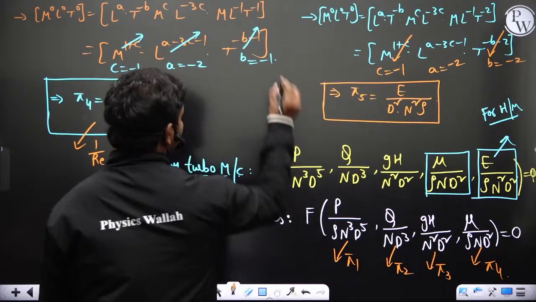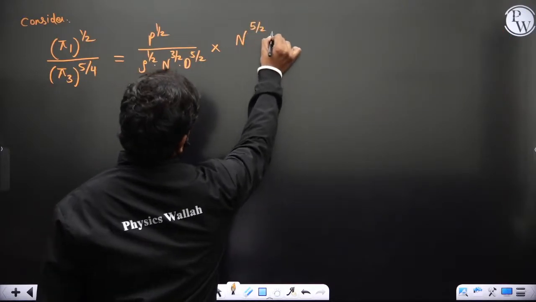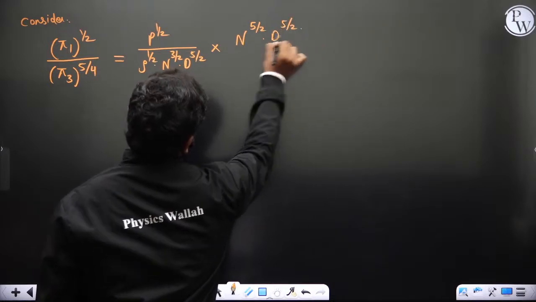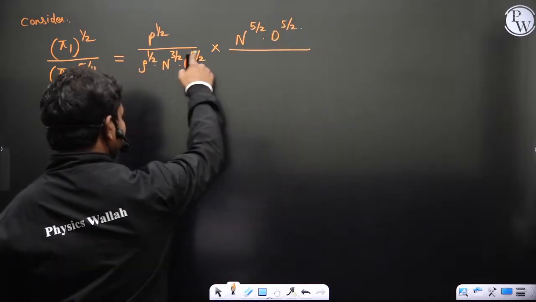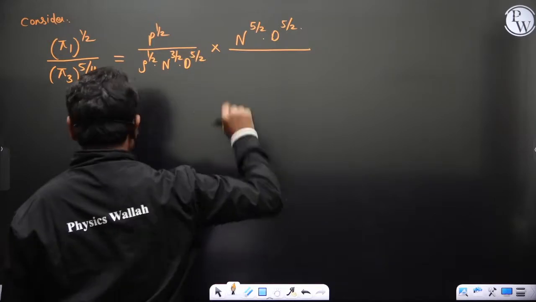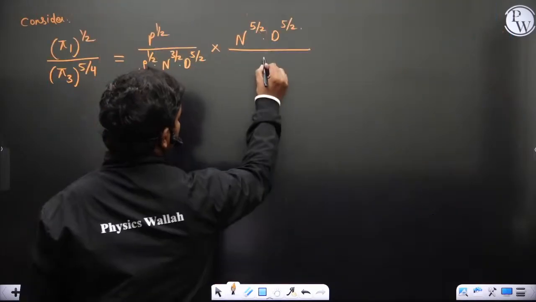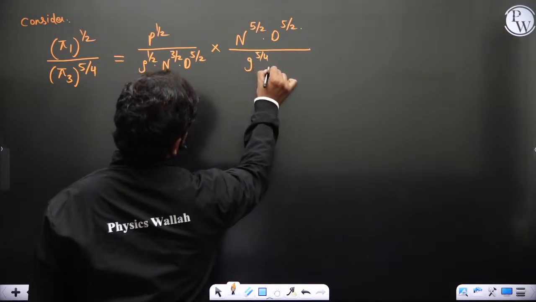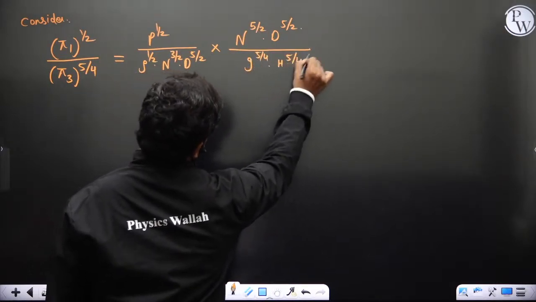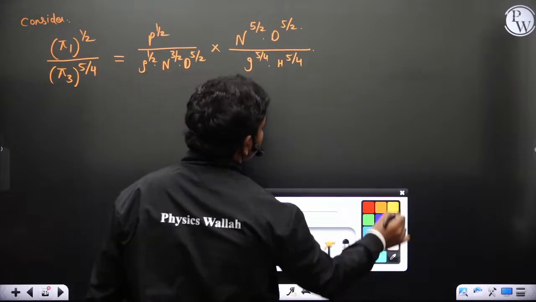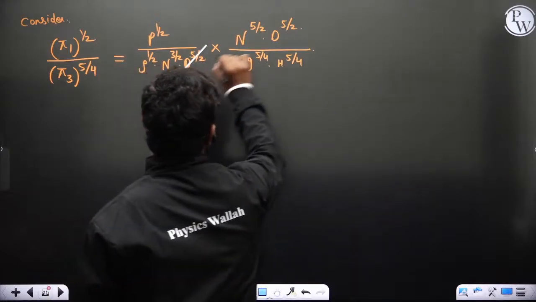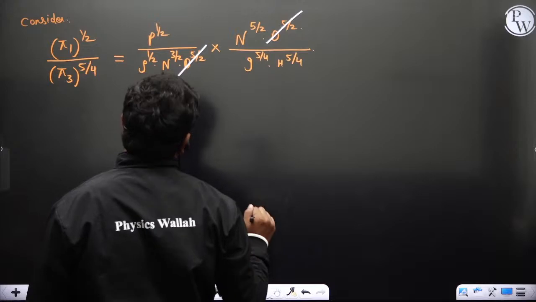That gives you n power 5 by 2, d power 5 by 2 divided by d power 5 by 2, because the main thing is I want to eliminate this diameter. And g power 5 by 4 into h power 5 by 4 is what you have. In this quantity the diameter will not play any role, meaning I'm trying to eliminate the length scale.